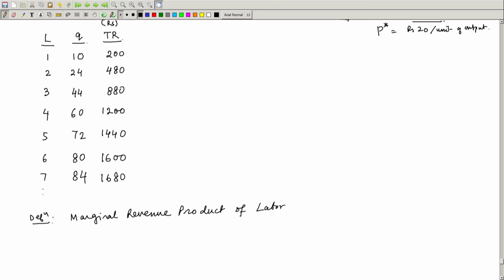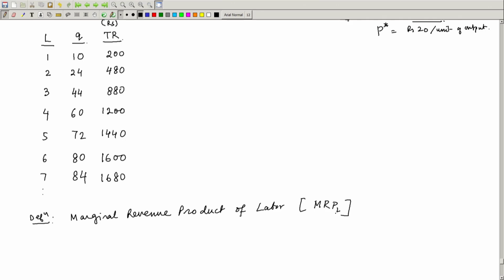The marginal product, recall, is the change in output resulting from a unit change in labor, so it has output units, pencils per labor hour, but I want to transform this into a monetary value. The marginal revenue product of labor, I am going to call it MRPL. Let me first define it and then we will see how to compute it.